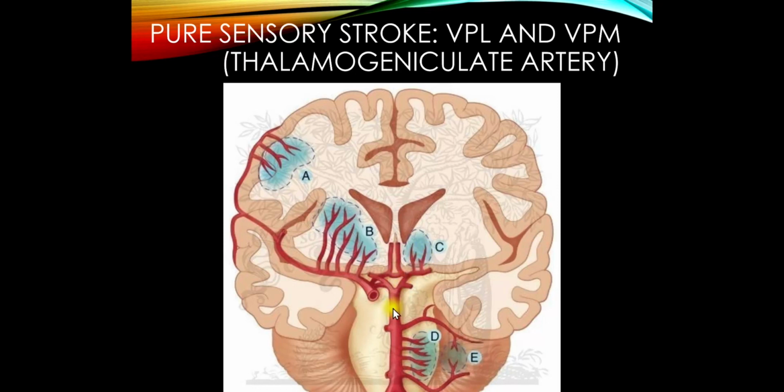Okay, so just as an example, if someone has a pure motor stroke, well, that could relate to carotid artery disease. More likely it's occlusion of these small penetrating blood vessels. But if someone has a pure sensory stroke, you know this is posterior circulation, not coming from the carotids, but from the basilar artery, posterior cerebral.